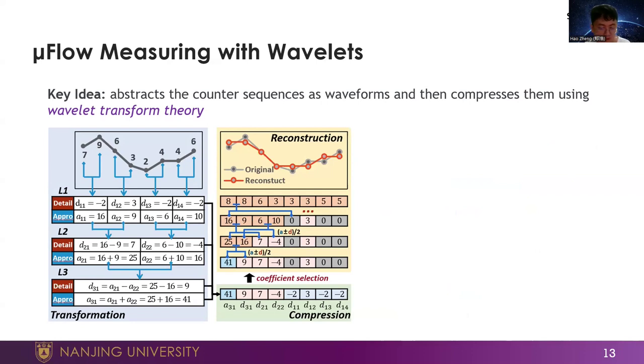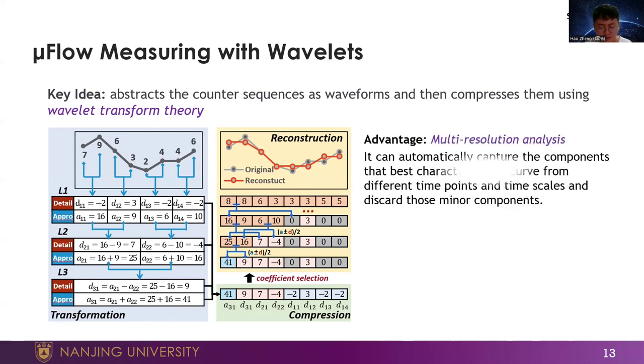As we can see, the transformation is a multi-level process. There are L1, L2, and L3. Each level operates on a different scale, covering different ranges of counters. In the compression stage, we make a selection on those multi-scale wavelet coefficients. The reconstruction stage is an inverse process of the transformation, and it reconstructs the curve from the coefficients.